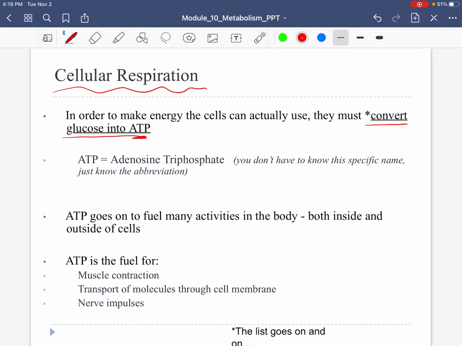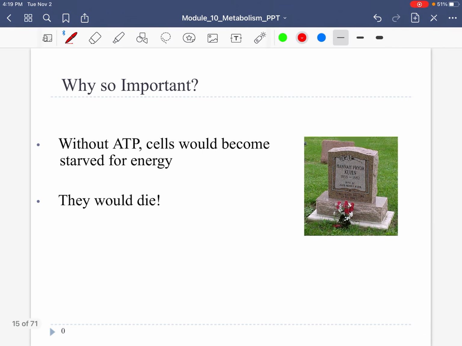ATP is the immediate fuel source, everything. If our cells are using energy, they've converted glucose into ATP. So ATP is literally the fuel. It fuels everything that our cells do. And this is a bit dramatic, I admit, but for ease of understanding, this is how important ATP is.